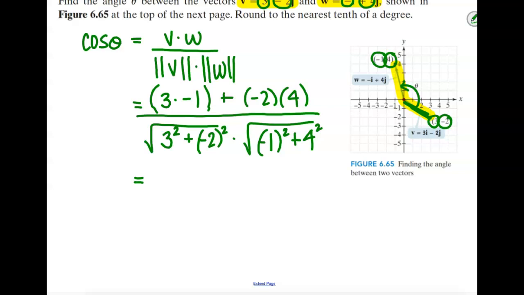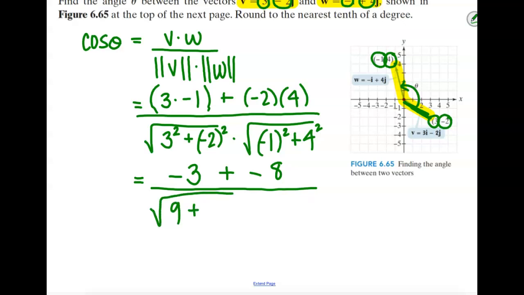So 3 times negative 1 in the numerator is negative 3, plus negative 2 times 4 in the numerator is negative 8. Down to the denominator, square root, 3 squared is 9, negative 2 squared, negative 2 times negative 2 is 4, multiply, square root, negative 1 times negative 1 is 1, 4 squared, 4 times 4 is 16.